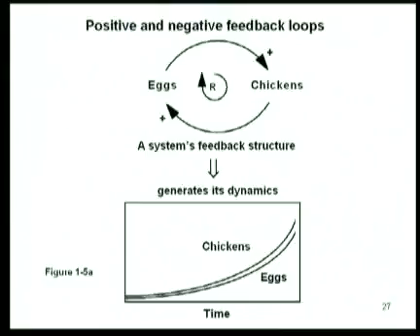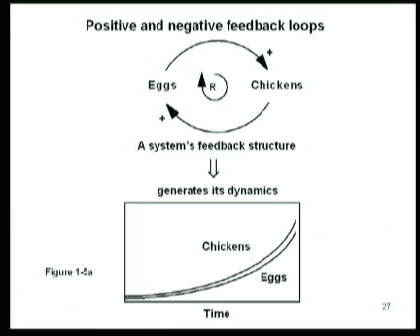Now let's talk about feedback dynamics a bit more, and what kind of dynamics get generated by that. There's the classical statement of the system where you have chickens producing eggs and eggs producing chickens. As you can see, as you have more chickens, there's an arrow going over to eggs with a little plus sign, meaning that the number of eggs increases.